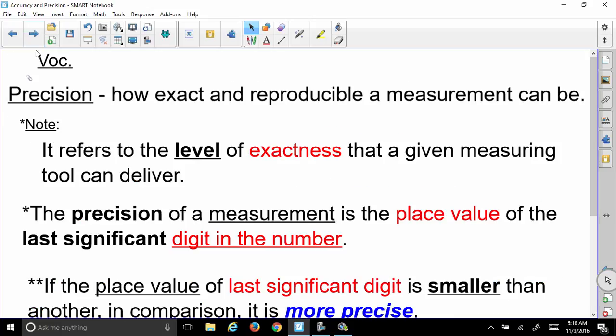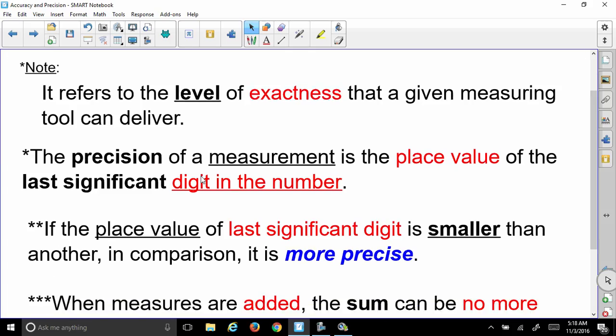All right, precision. Precision is how exact or reproducible a measurement can be. Note, it refers to the level of exactness that a given measuring tool can deliver. The precision of a measurement is the place value of the last significant digit in the number, and that's important.